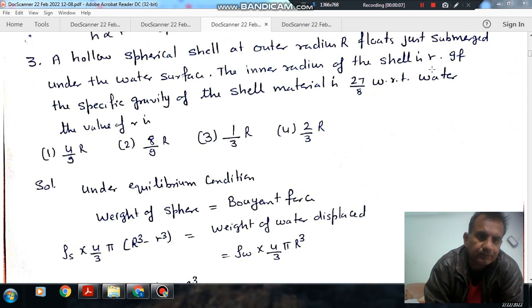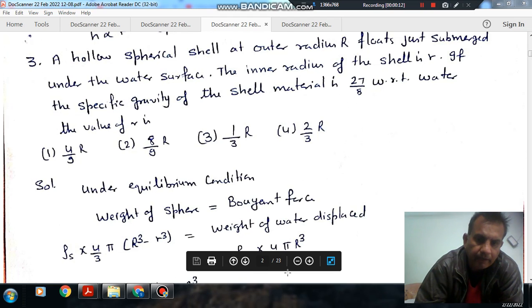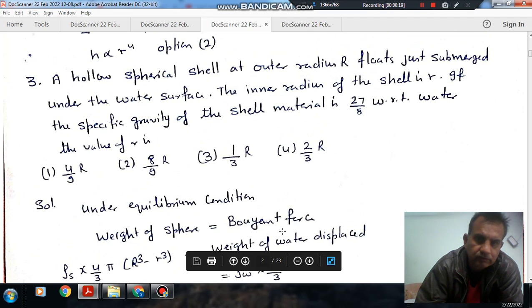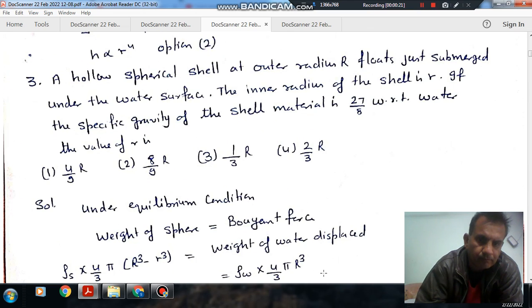Question number 3: a hollow spherical shell of outer radius R floats just submerged under water.